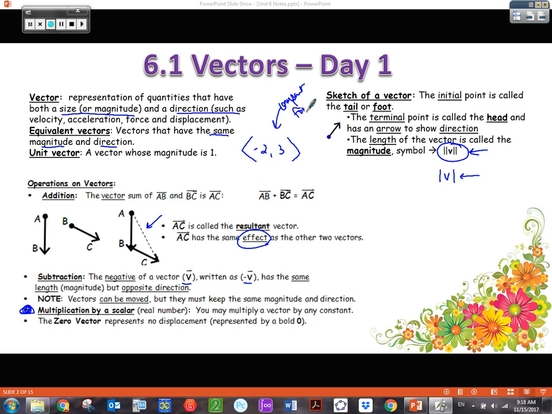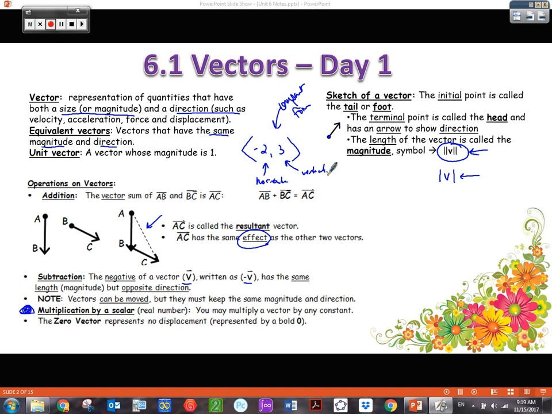We'll look at this in more detail tomorrow, but I just need you to understand what it means so that you can draw a vector. If I'm looking at <-2, 3>, now that's a vector in component form. This is my horizontal component, and this is my vertical component. Kind of like a point. It's not a point, it's a vector, but it's kind of like a point.